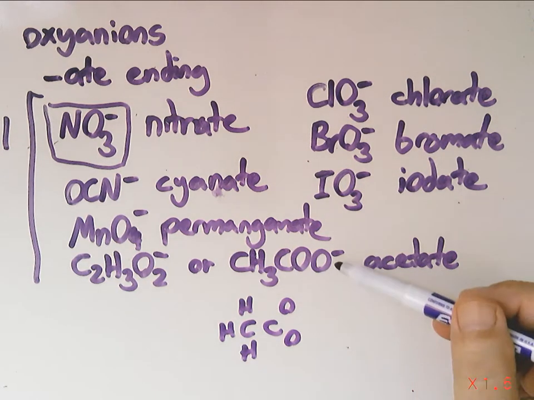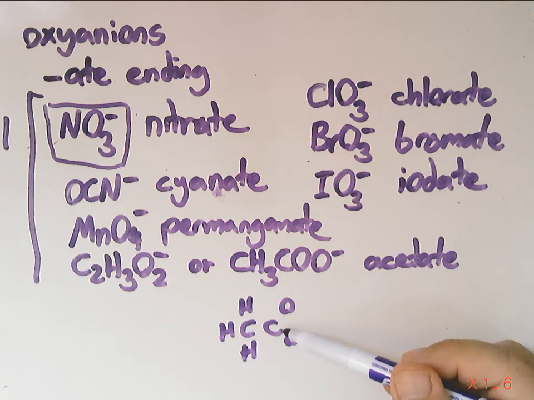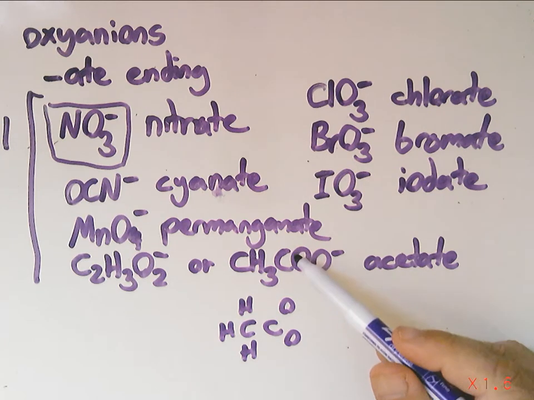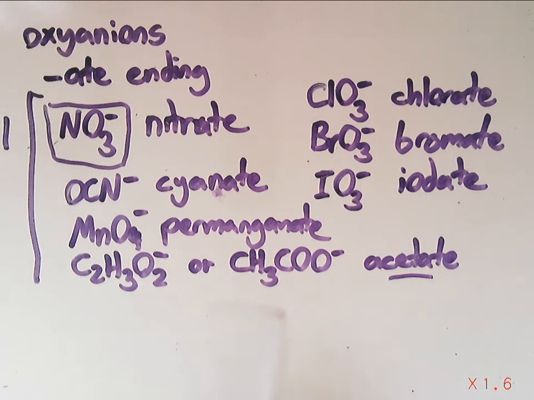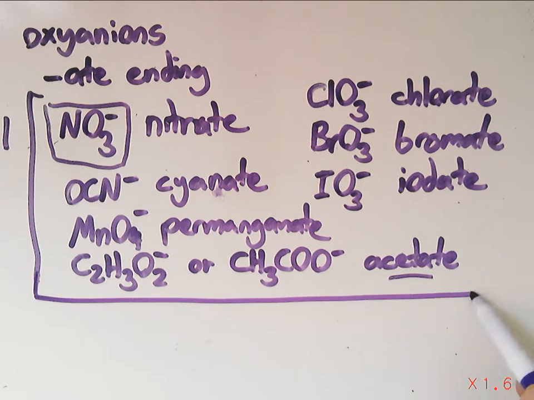And when they write it out like that, they're trying to show you how the atoms are arranged. This is something organic chemists do. In inorganic and general chemistry, you'll mostly see it written down like this. But this and this are the same thing. They're both acetate. Okay? So those are the -1 ions to know.